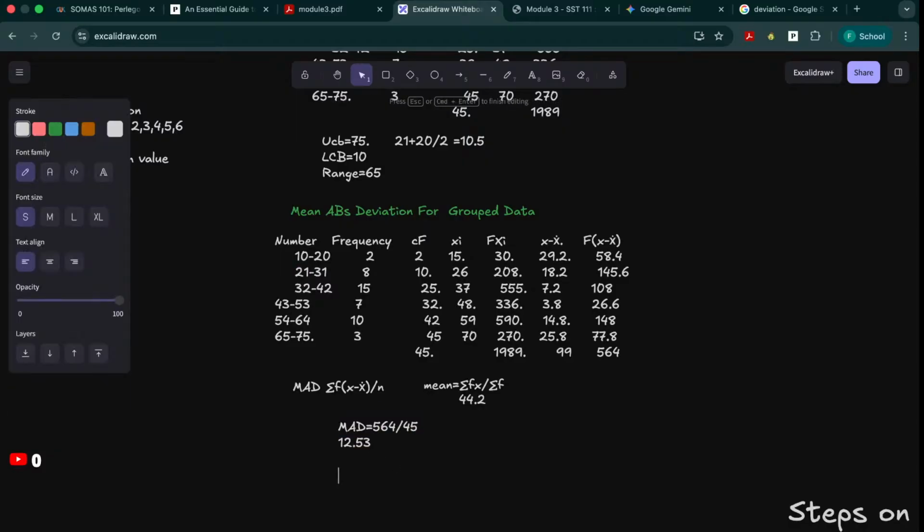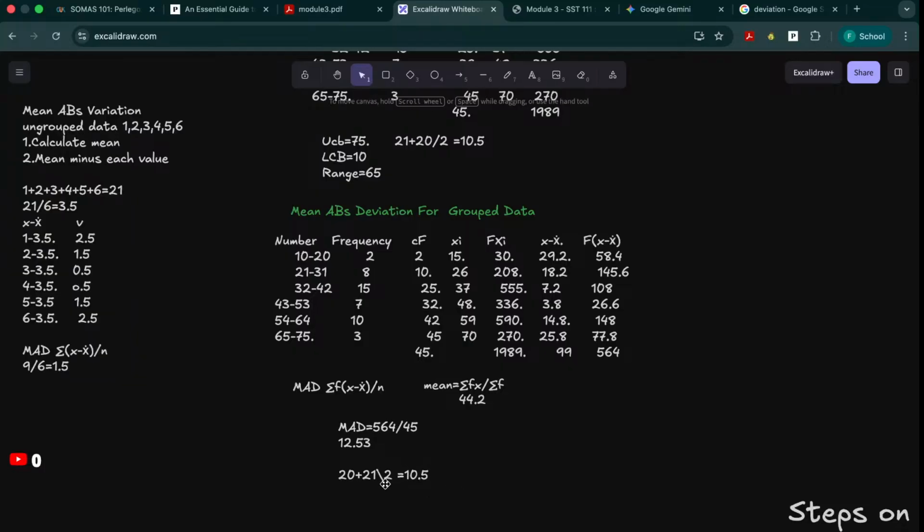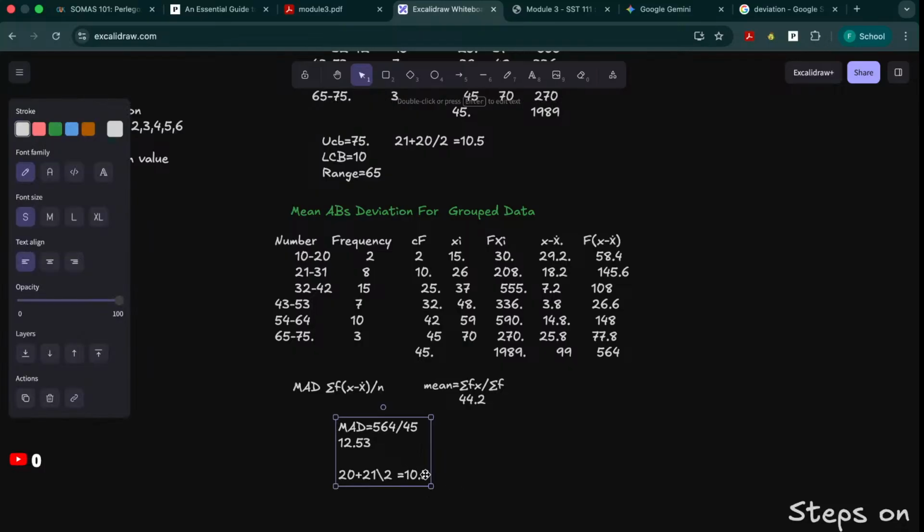You do 20 plus 21, then you divide by 2, and you should get 10.5. So that is our boundary.